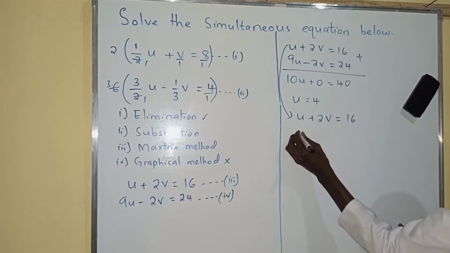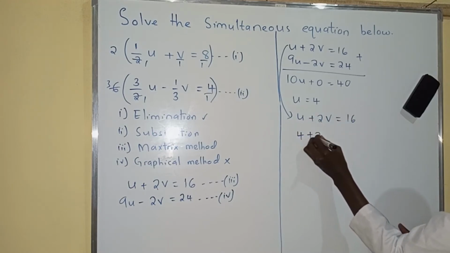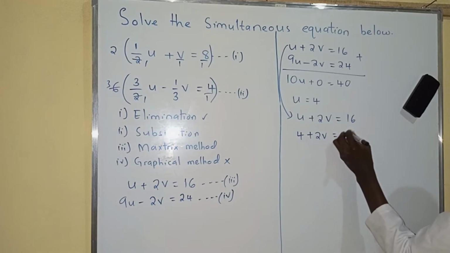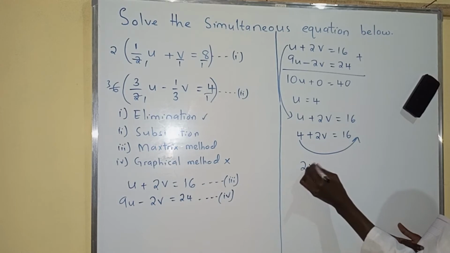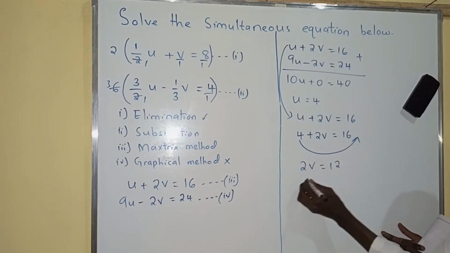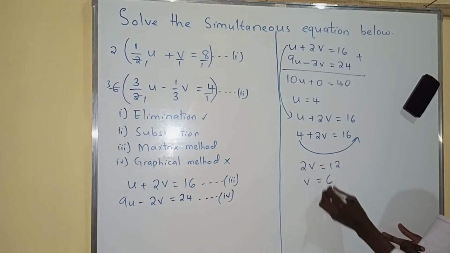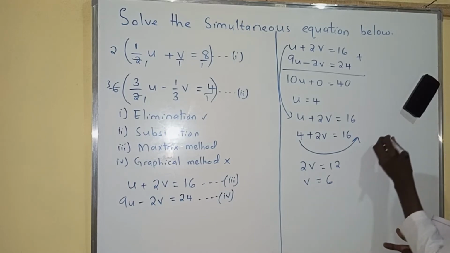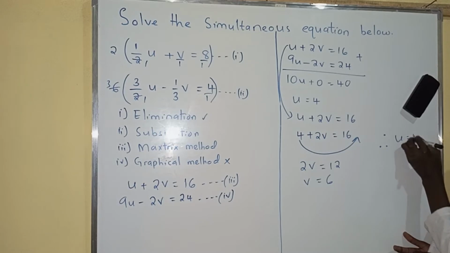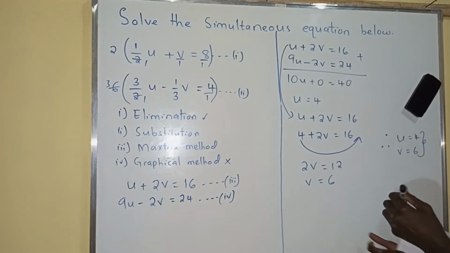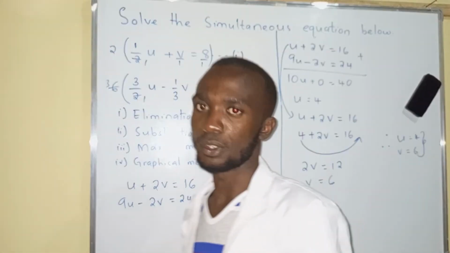But u is 4, so 4 plus 2v is equal to 16. The 4 crosses the equal sign and becomes 2v is equal to 12. So the value of v is equal to 6. Therefore, my u is equal to 4 and my v is equal to 6. So this is using the elimination method.